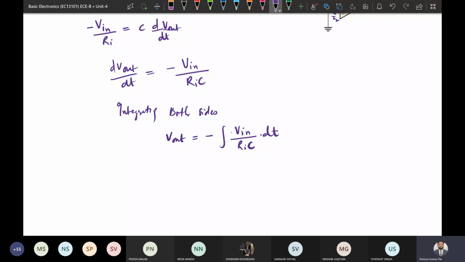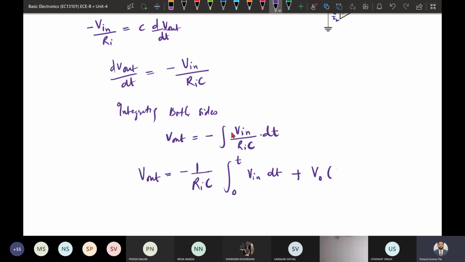Or we can write V output will be equal to minus 1 by R input C, taken outside, integrating with respect to 0 to t of V in, and this V in is a time dependent input voltage, dt, plus some constant.